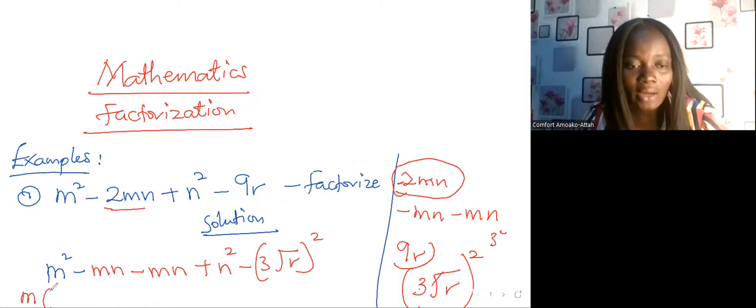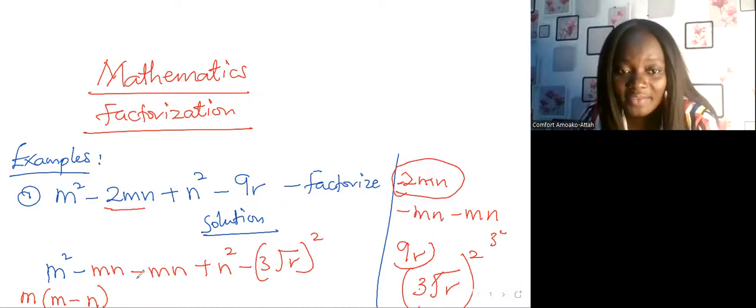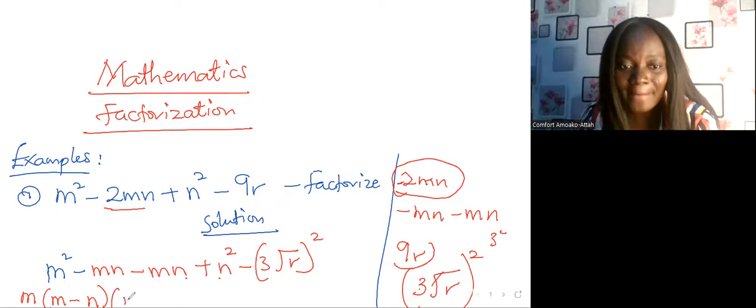So bringing m out, I'm going to have m here minus n over here. You understand it? Then the second one, how are you going to do it? Do we have some things common over here? Yes. That is the n.